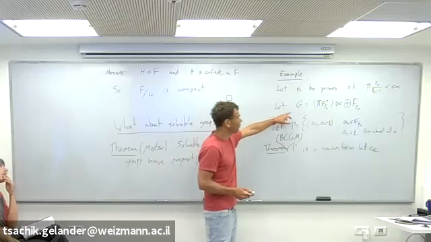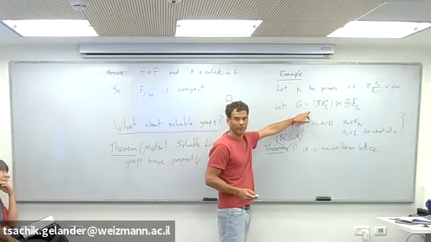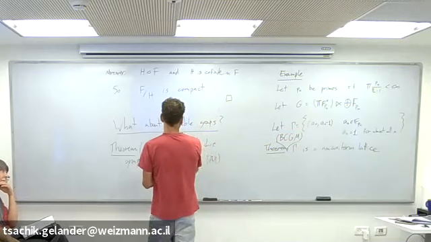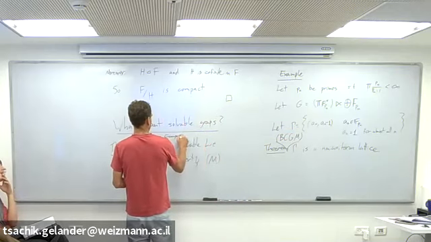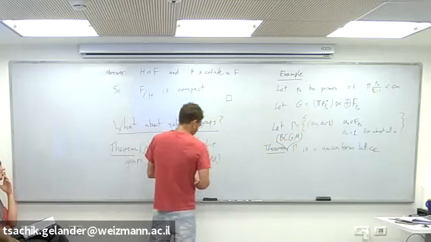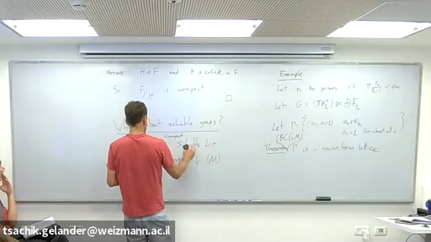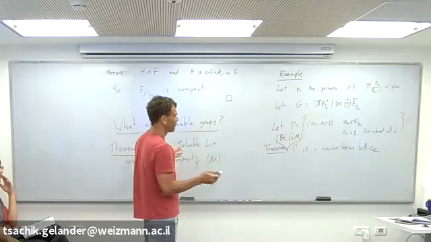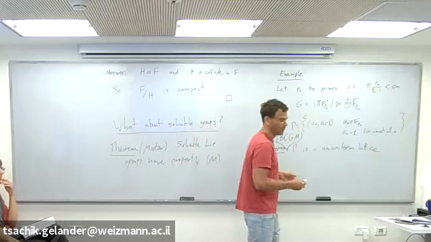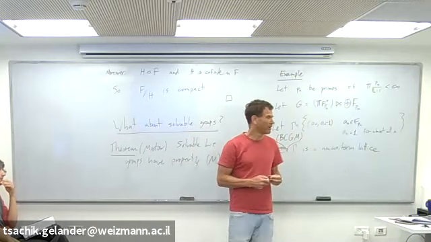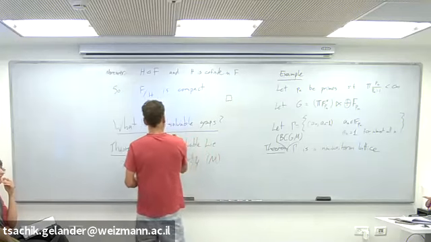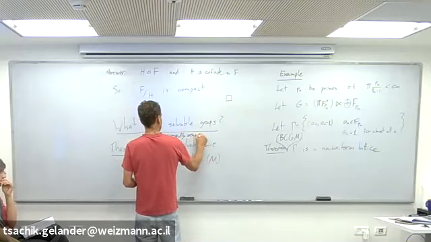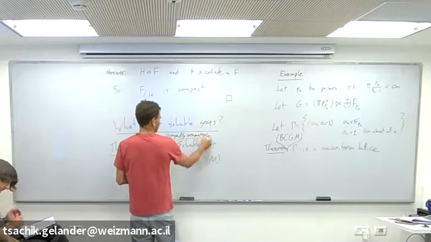However, this group is not compactly generated. So let's write here: compactly generated solvable group. For Lie groups, if it's not compactly generated, then it means that you have some discrete portion which is not finitely generated.